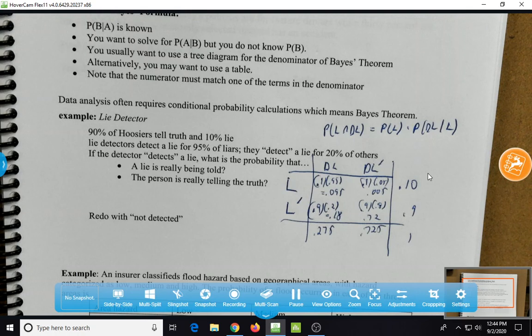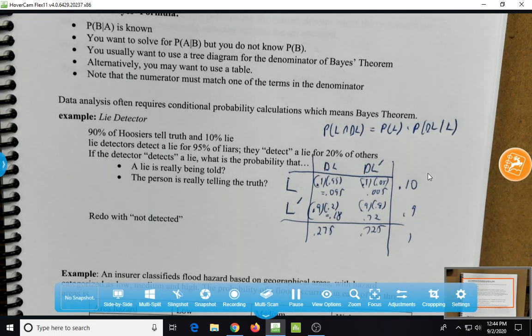Each one of these is the probability of L times the probability of L prime given L, and the same thing all the way through. Okay, so are we using the Bayesian equation? Actually, I erased it. It's this equation right here. It's the conditional probability just moved across. We haven't yet used the Bayesian equation, but now we're ready to. Okay, I thought we were going to, so that's fine.